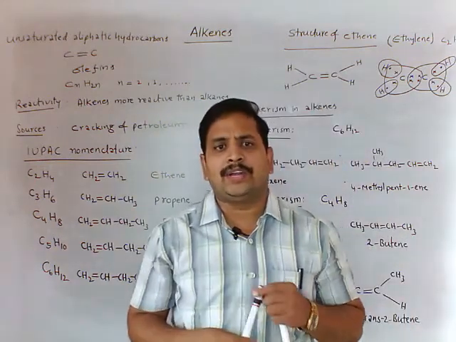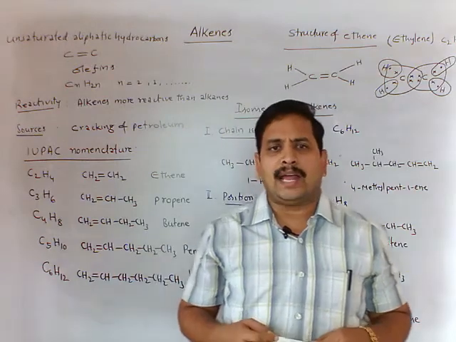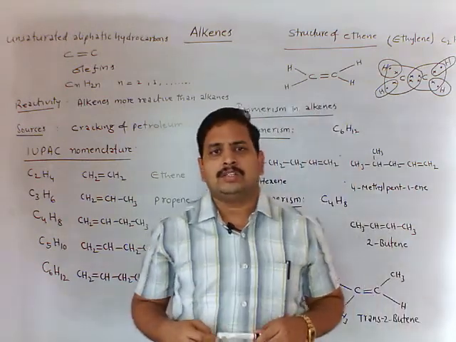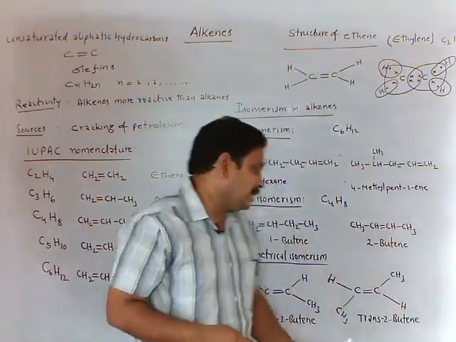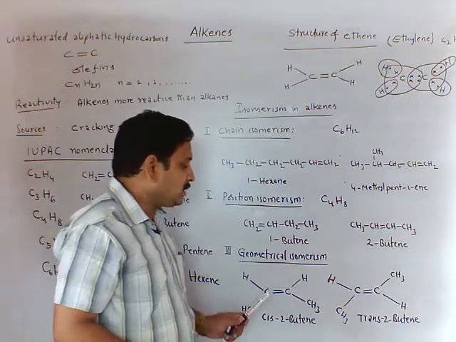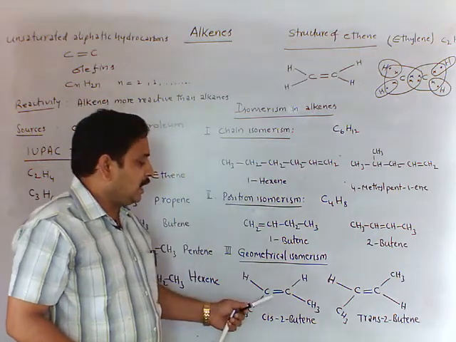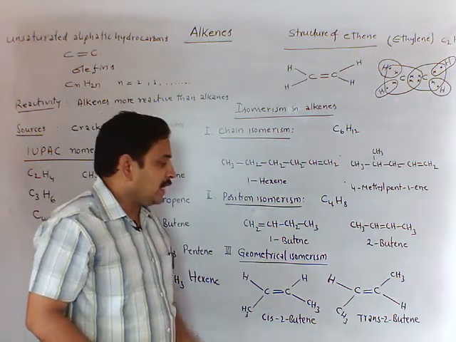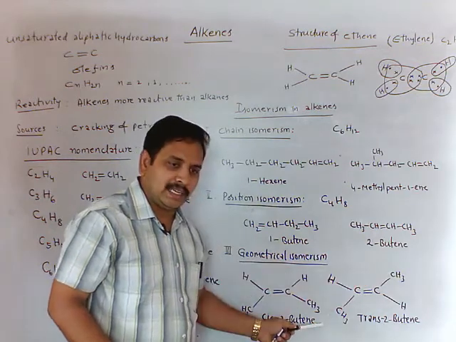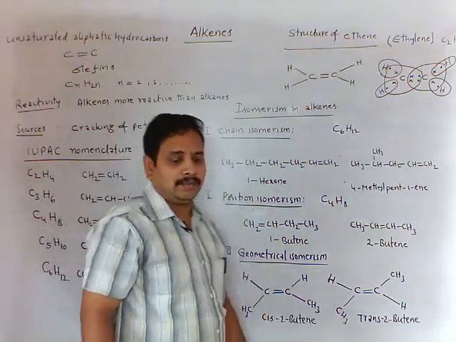So 2-butene possesses two isomers, cis and trans, so geometrical isomerism is exhibited by 2-butene. One is cis, same side, where those atoms lie around the double-bonded carbons. Here across the double bond means trans-2-butene.